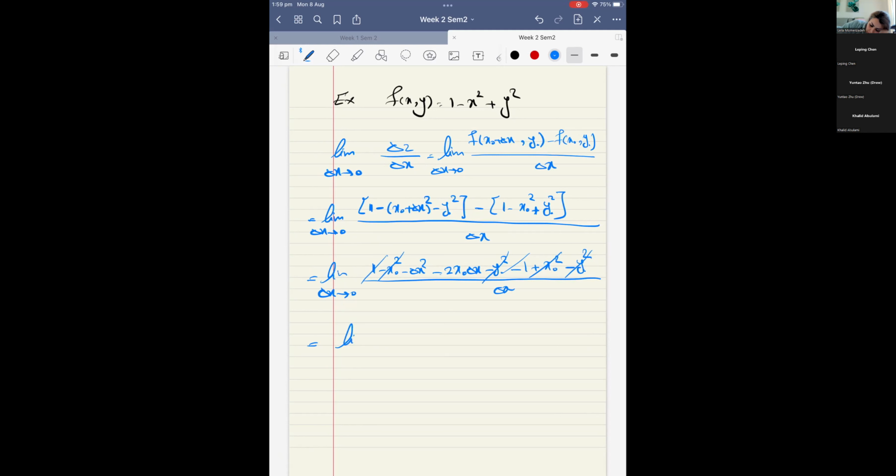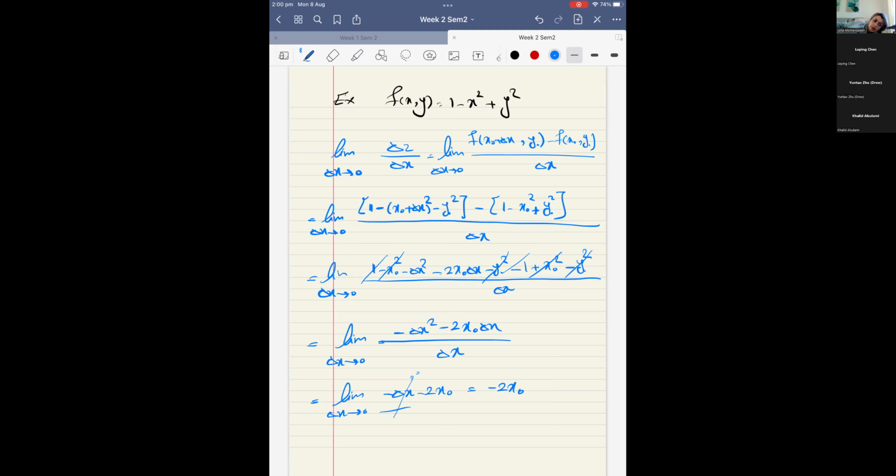At the end, you have the limit as delta x goes to 0 of minus delta x squared minus 2x0 delta x over delta x. You can factor out delta x, and delta x goes to 0, so at the end you have minus 2x0. It is the derivative of f with respect to x at x0.